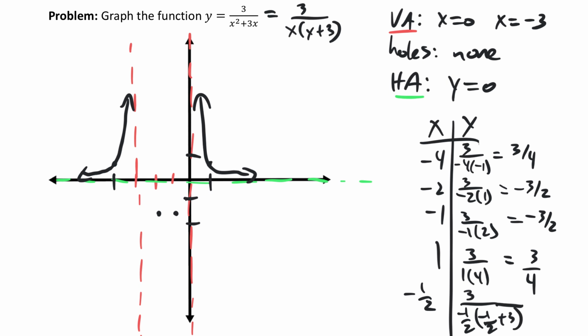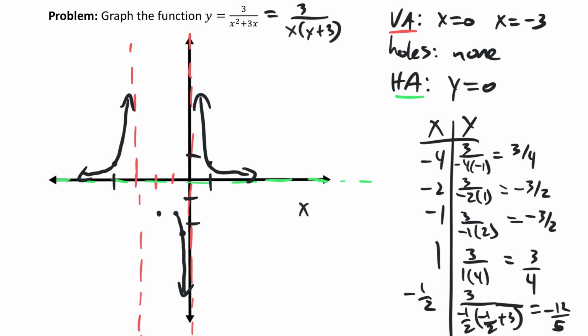Now that's definitely some tricky fraction work, but if you work it out, you'll get -12 over 5, which is a little bit more negative than 2. So that's going to be down here. Now this is really crucial because this tells us that right here, the graph is going to go down and approach the asymptote.